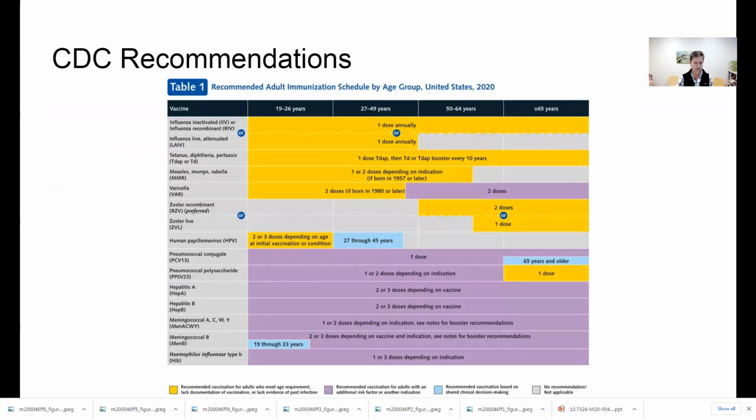So we're going to talk about CDC recommendations, and I'm going to kind of go back and forth here, talking about each of these different things, and then we'll kind of hit some highlights. I was struggling a bit with how to present this.